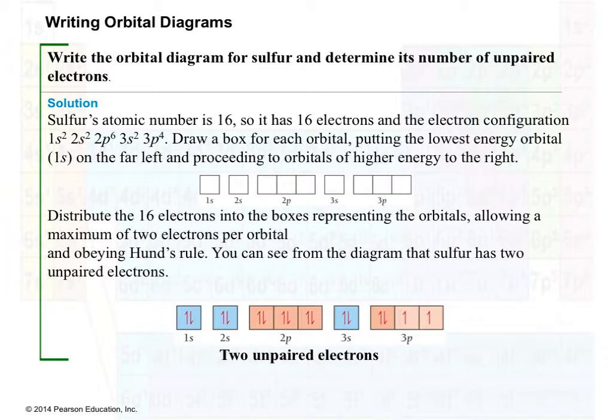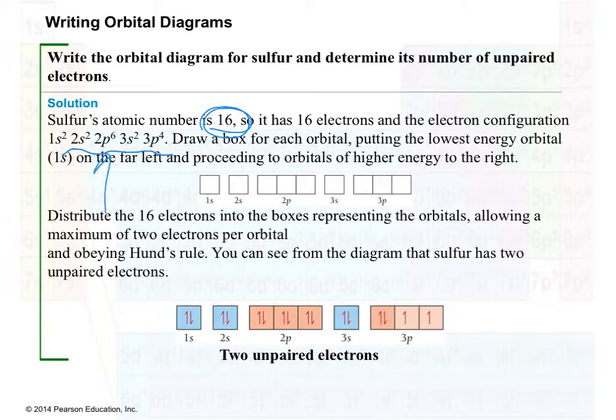So let's go ahead and do a practice one. Write the orbital diagram for sulfur and determine how many unpaired electrons. And so, let's see, sulfur, yeah, I've got the electron configuration right here. Sulfur has an atomic number of 16, 16 protons, 16 electrons.